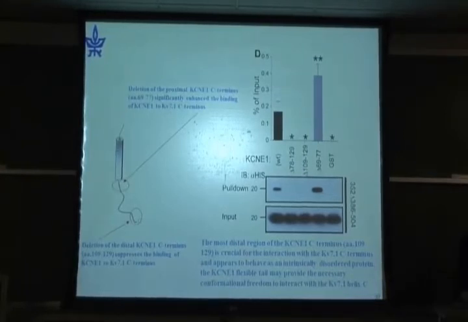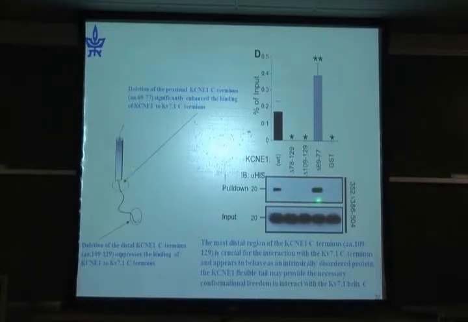And in intrinsically disordered protein, when it finds the partner to bind with, it depends very much on the flexibility of the tail. When the tail is trying to catch the target, if you get a more rigid tail, then the binding affinity is increasing, and you increase the binding.